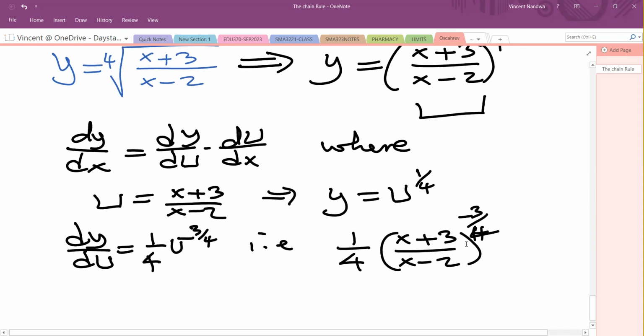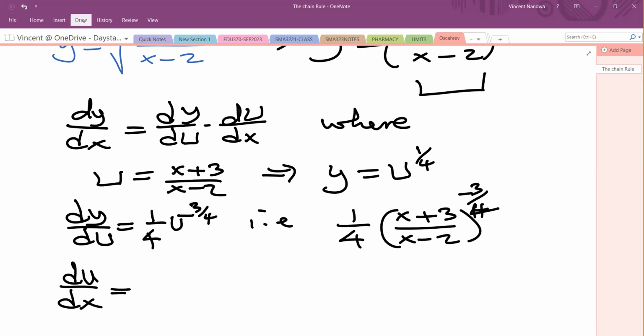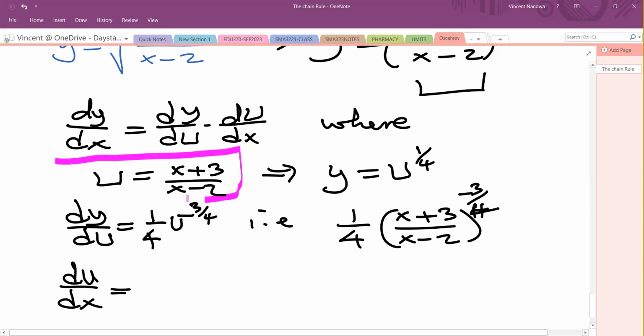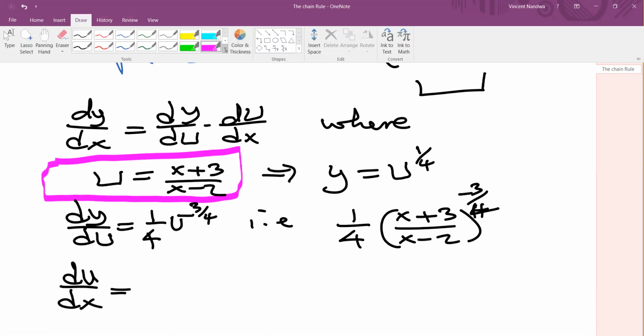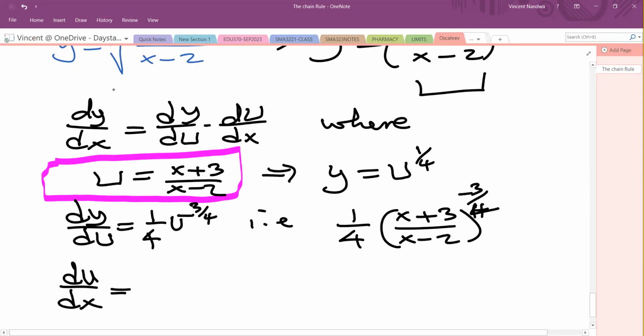Sasa to get du/dx, tunatumia which formula? So remember, this is our u. Which rule do we use to get the derivative of that? Quotient, because the function comes out like a fraction, okay?